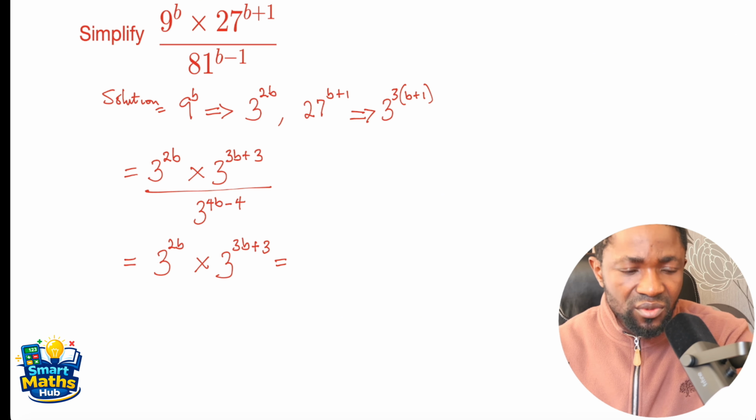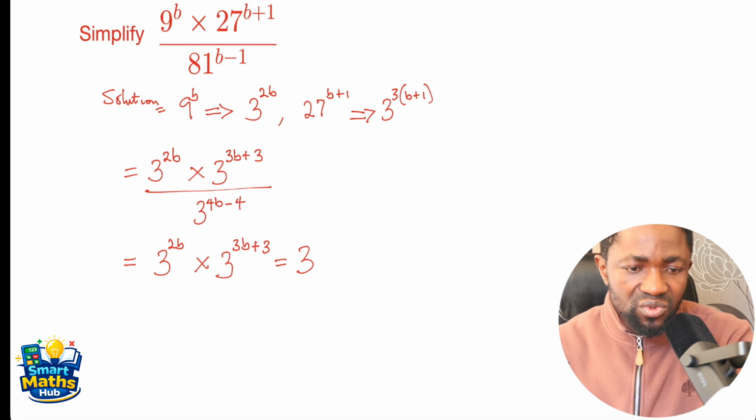Let's look at the numerator first. What's the value of the numerator? We have base 3, we have another base 3. So take 1, you have 3. This is 2b. Now this multiplication sign will change to plus. So you have plus 3b plus 3.